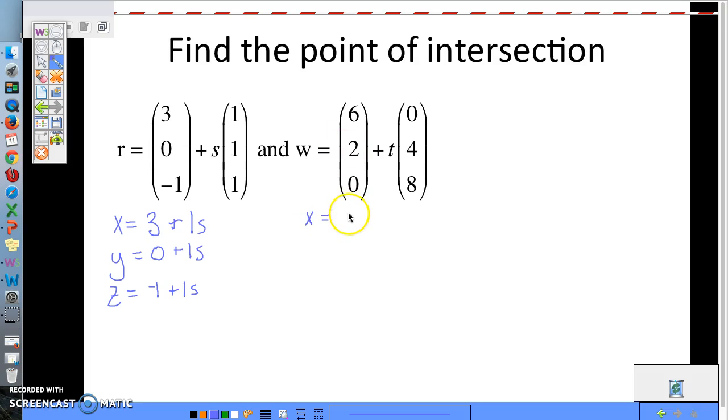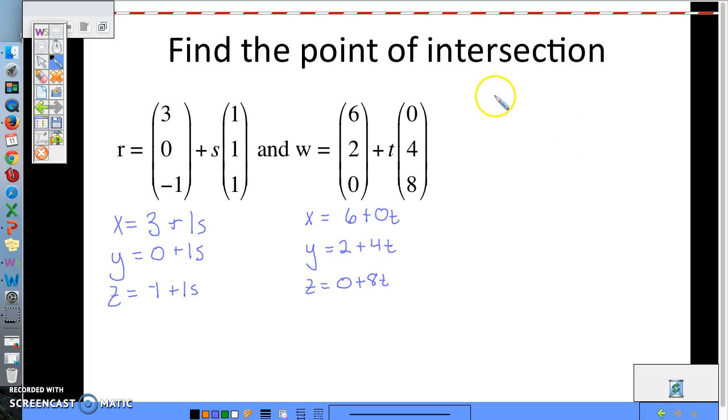Our x coordinate for this line W here, we start at 6 and we add 0t. Our y, we start at 2 and we add 4t. And our z, we start at 0 and we add 8t. Well, we have to figure out where these are equal.